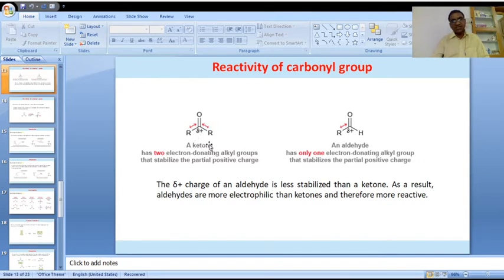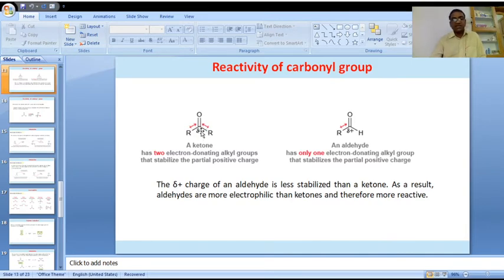In a ketone, the delta positive carbonyl carbon is more stabilized. The reason is that this carbonyl carbon is attached to two alkyl groups, which are two electron donating groups. That is also called the plus I inductive effect.